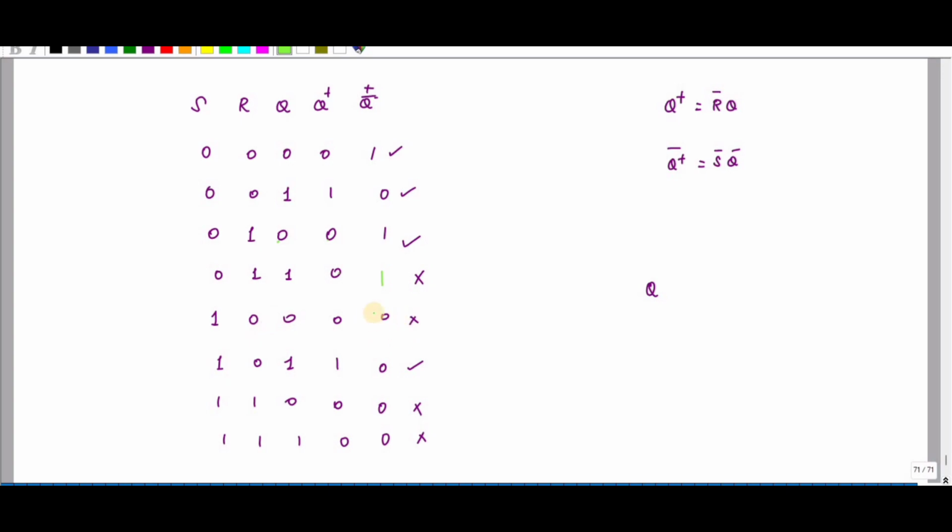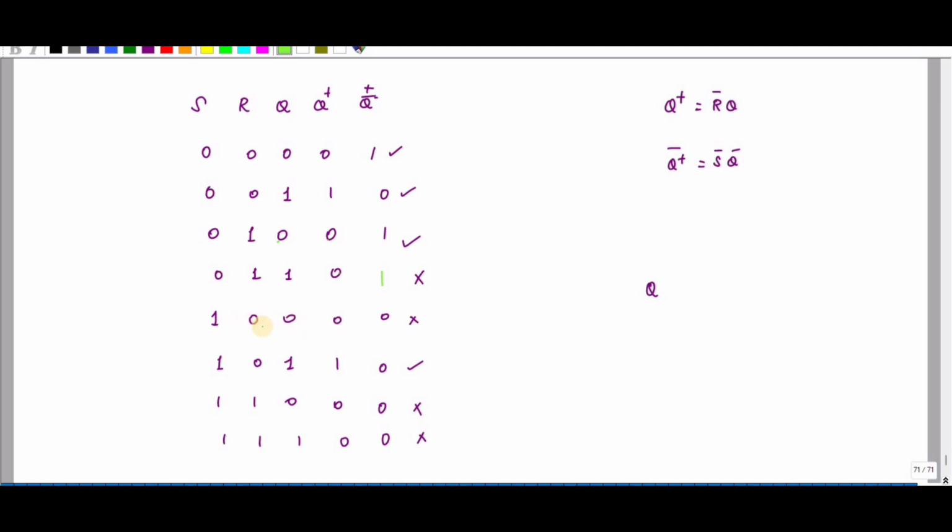Okay, similar way you can see for this value it is 0 now. We check this for 10.